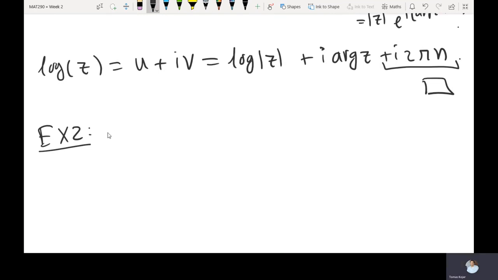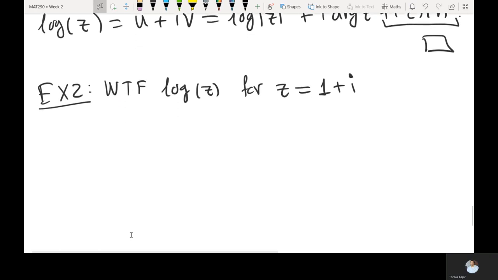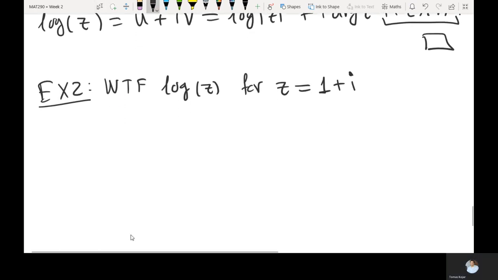We want to find log of z for z equal to 1 plus i. Yeah, we will use our formula from above.